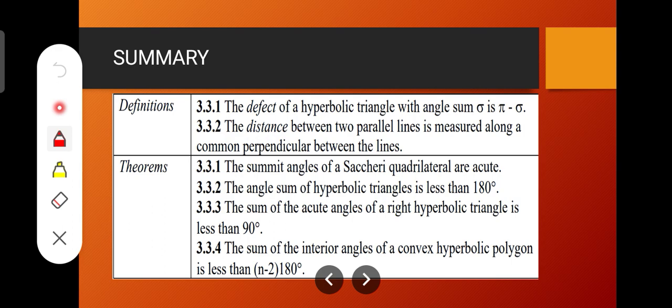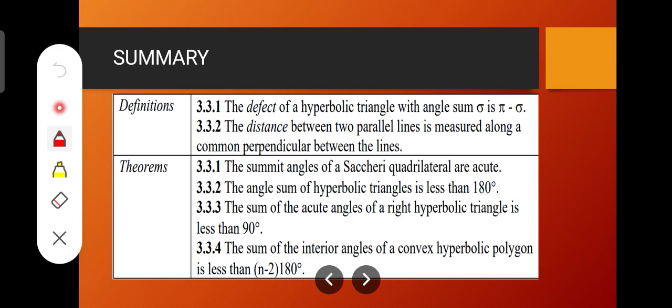Then, let's proceed with the theorems. 3.3.1, the summit angles of a Saccheri quadrilateral are acute. So, in a Saccheri quadrilateral, the summit angles are acute. When you talk about acute, it is less than 90 degrees. Now, theorem 3.3.2, the angle sum of hyperbolic triangles is less than 180 degrees.